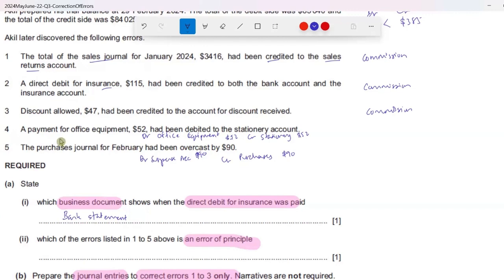Number 4 is an error of principle. Office equipment is not current asset. Stationery is an expense account. Okay. The last one is casting error, arithmetic error. Now they sum up wrongly.